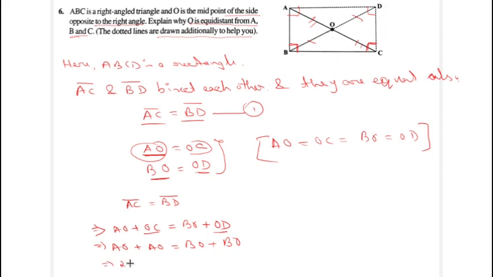Now twice AO equals twice BO. This 2 and 2 cancel out, so from here we can say AO equals BO. Similarly, we can say that all the parts are equal. In this way we can show that O is equidistant from A, B, C and D as well.